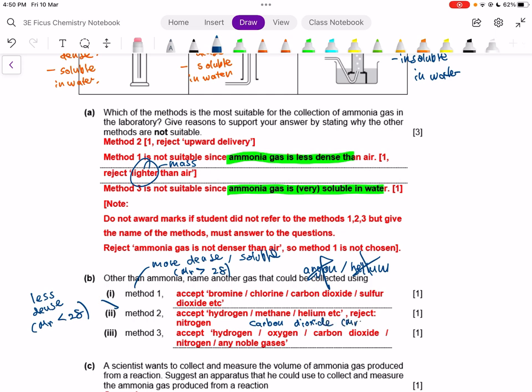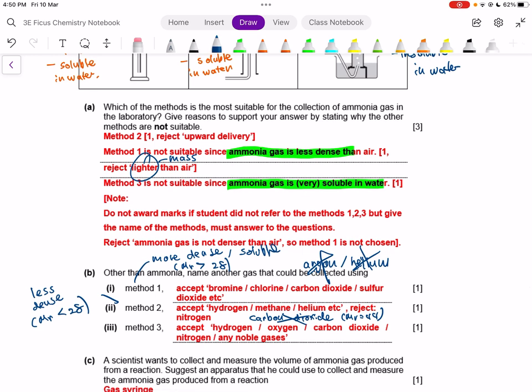Carbon dioxide Mr is actually 44, so this one cannot. Then method 3, those insoluble ones. Another possible one is carbon monoxide, also can. Sulfur dioxide can. Some of yours are the opposite, I think. Looking through some of your answers now.